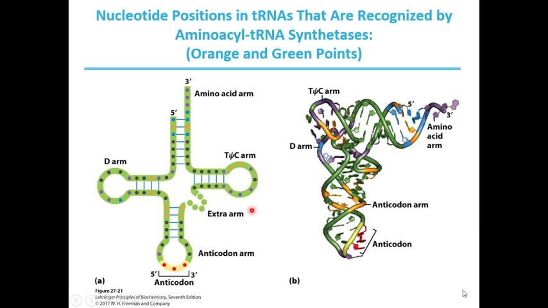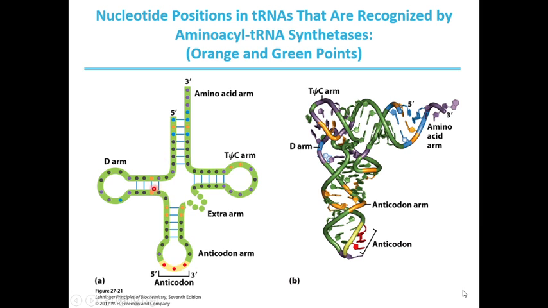These nucleotide positions seem to be concentrated in the amino acid arm and the anticodon arm, including the nucleotides of the anticodon itself. They are also located in other parts of tRNA. Sometimes the T-side arm also has a couple of nucleotides, and the D arm has this base pair that is also involved.